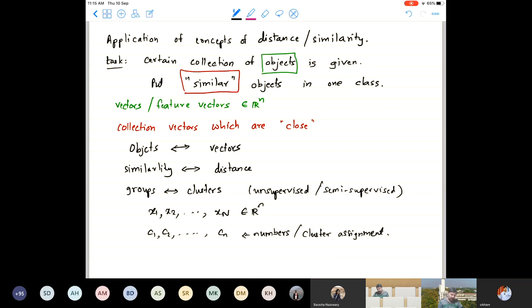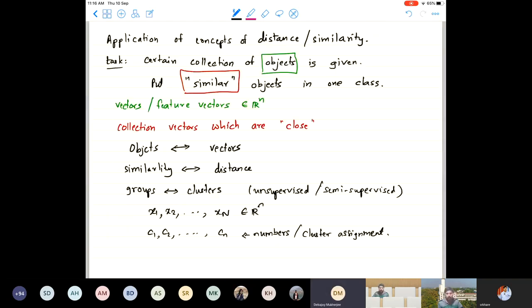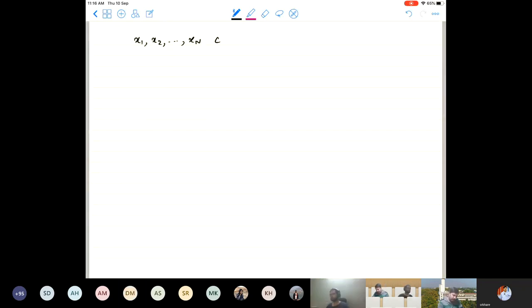Suppose I have vector x1. Sir, is the number of classes equal to the size of the vectors? Can you ask again? Number of clusters equal to the size? No, the number of classes is not equal to the size of the vectors. I am explaining that. Suppose x1, x2 up to xN are the N vectors that we have. This is the data, or vectors, that we have.